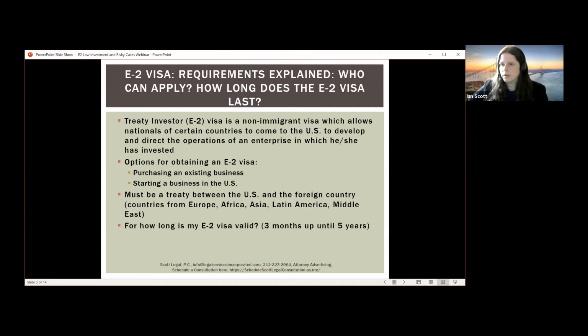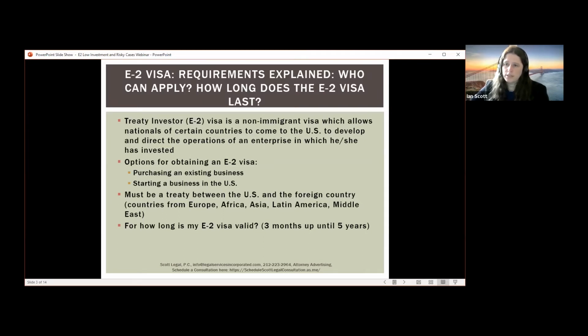For example, places like Canada or the UK can grant the E-2 visa for 5-year periods. They have discretion to grant it for a shorter amount of time, but very often they're granting it for 5 years. Then there are other places like Egypt and Bangladesh, where the reciprocity period is only 3 months.